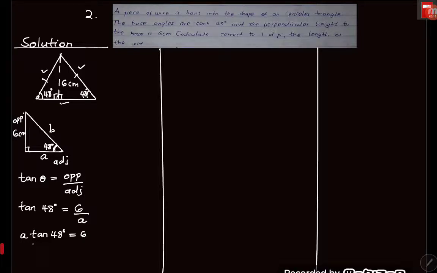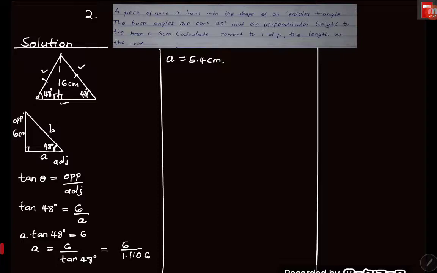Dividing both sides by tan 48, our A will be equal to 6 over tan 48. Now this is equal to 6 over, from the mathematical table, the tan of 48 is 1.1106. Now dividing the two, we get the value of A as 5.4 centimeters.